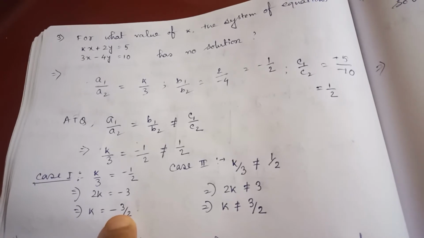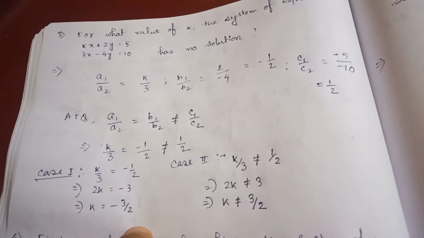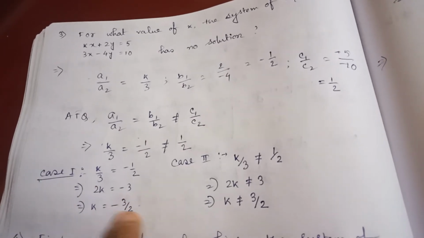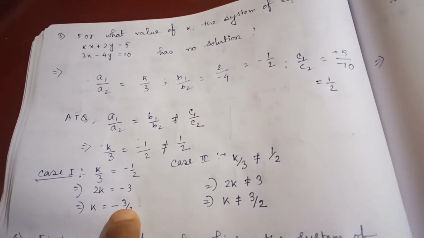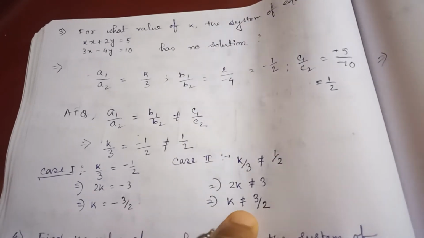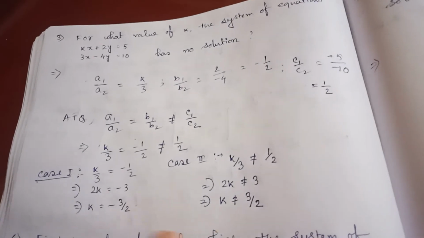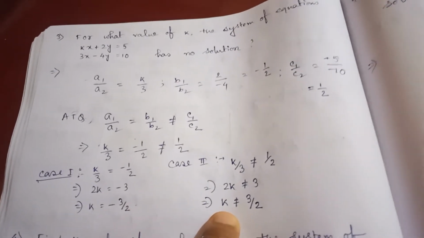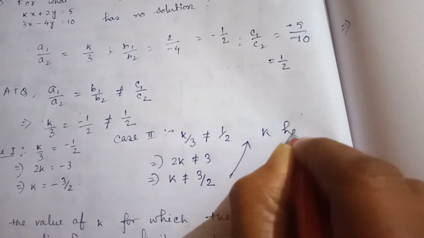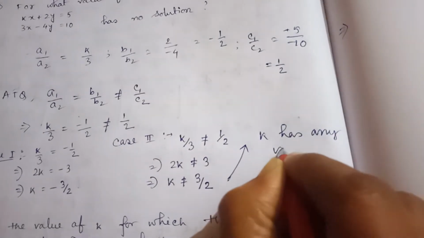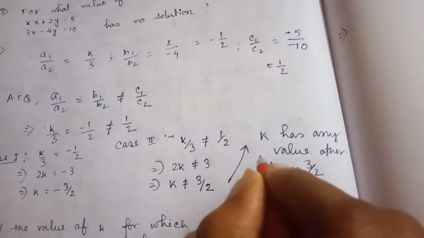How? I am repeating it again. You need to write such an answer line so that these two conditions will be valid in that answer line. How? If we are writing k not equals to 3 by 2, like the first one we wrote, you could have written k has any value other than 3 by 2.